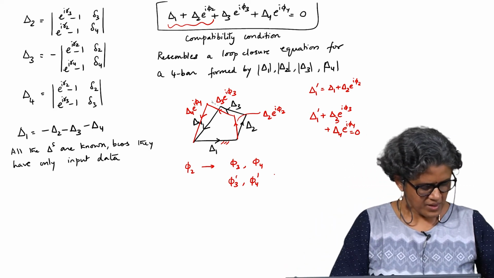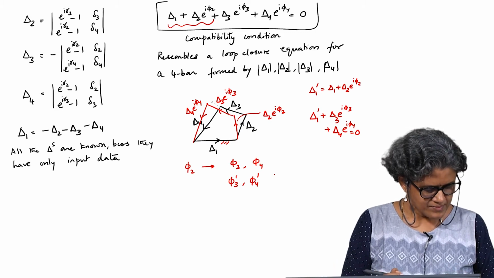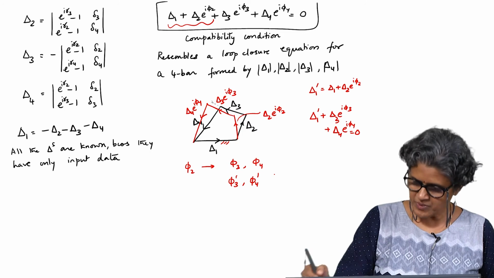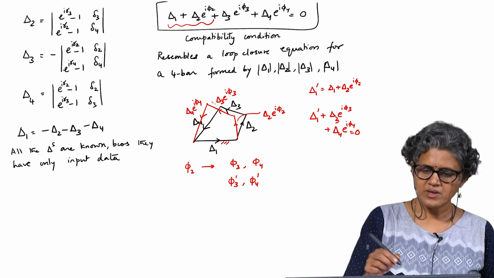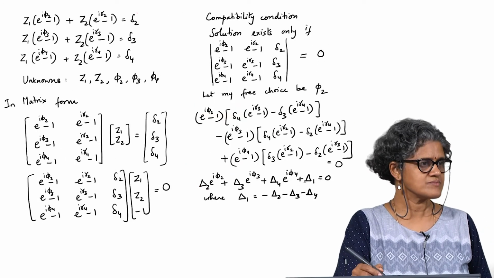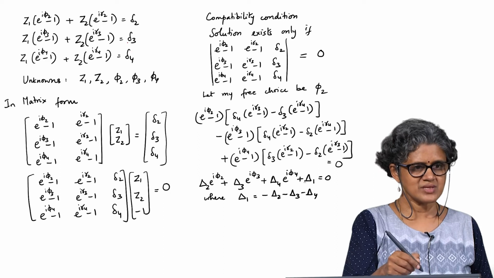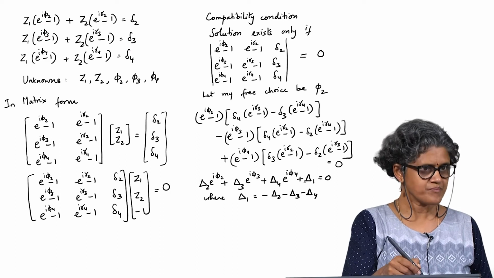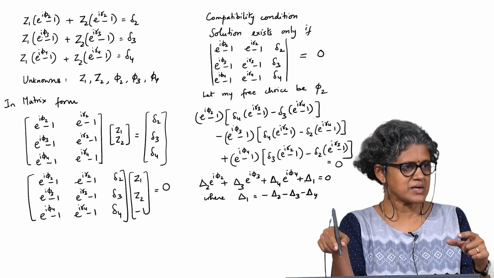Okay. Then once I get this, I can use 2 out of the 3 equations, because now I will have the specific phi 2, phi 3 combinations that satisfy the compatibility condition.